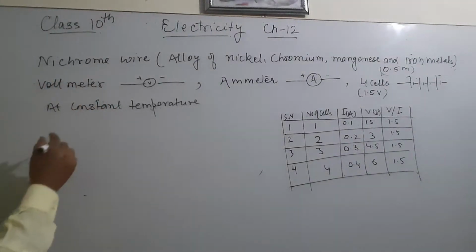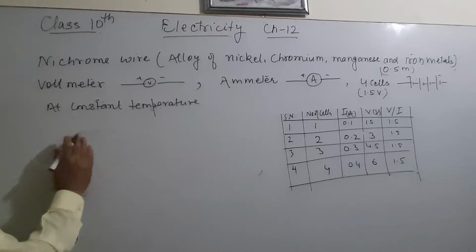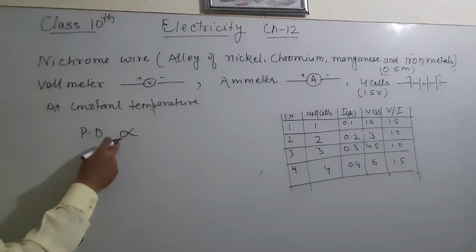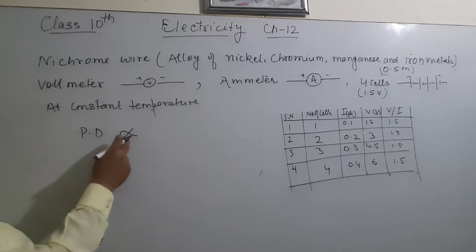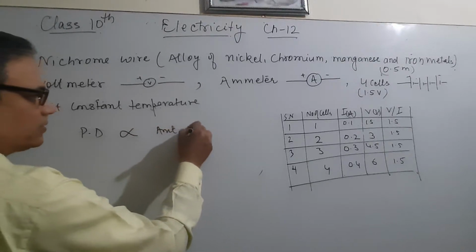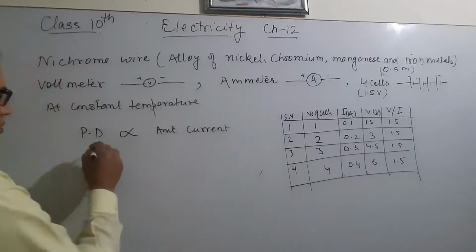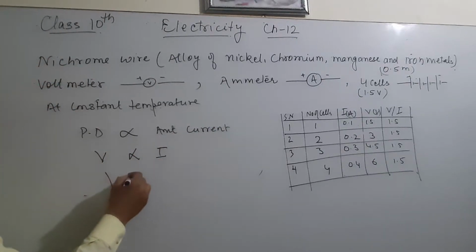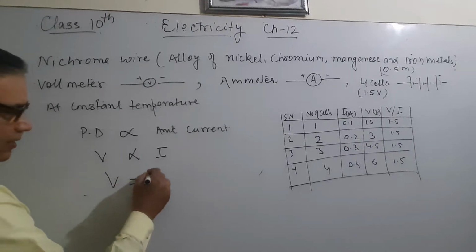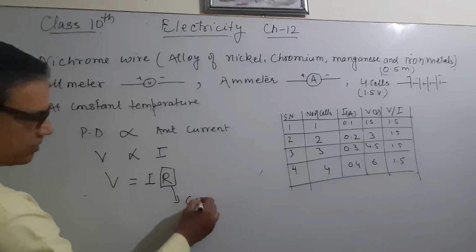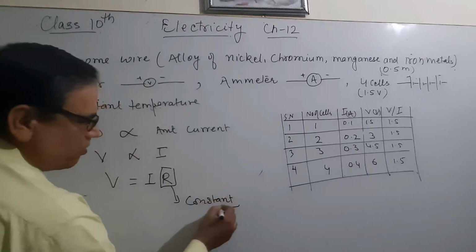What he wants to explain is that the potential difference across the ends of a given metallic wire is directly proportional to the amount of current. It means V is directly proportional to I, and when we remove the proportionality sign, we have to put an equal sign and a constant R. This R is constant, which is known as the Ohm constant.